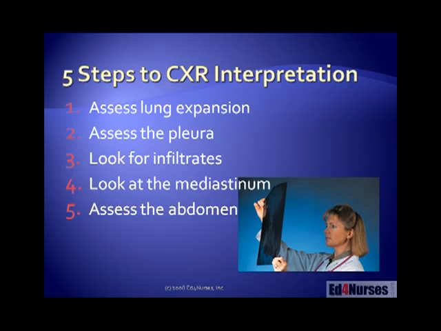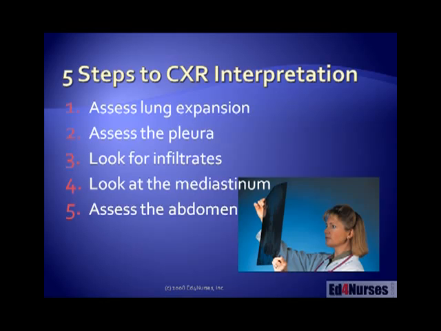We get nice costophrenic arches and nice diaphragmatic arch and costophrenic angles. Then assess the pleura. We're going to make sure that it looks like it's supposed to. It's dark in nature. We're going to look for infiltrates. Then we're going to look at the mediastinum, make sure that that's doing okay. There isn't anything going on there with the heart. And lastly, assess the abdomen. So let's take a look at an X-ray, and let's do these 5 steps here.